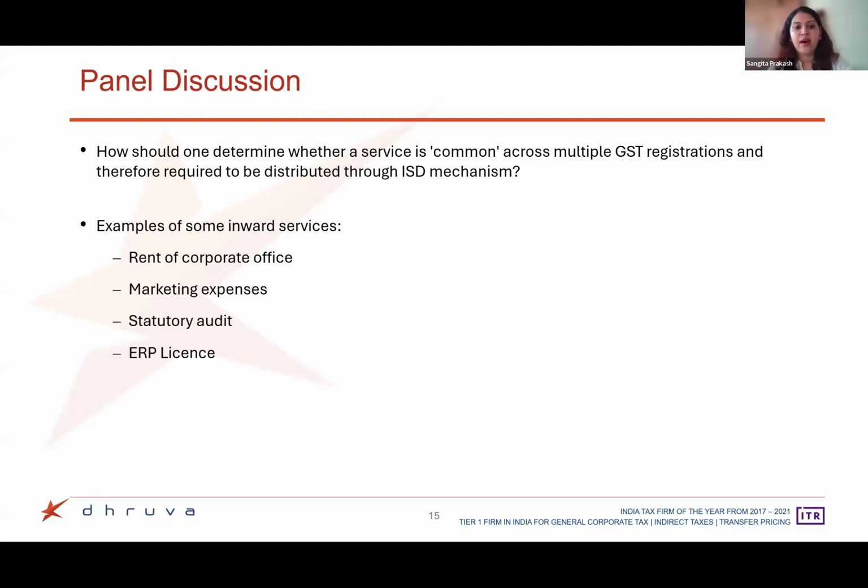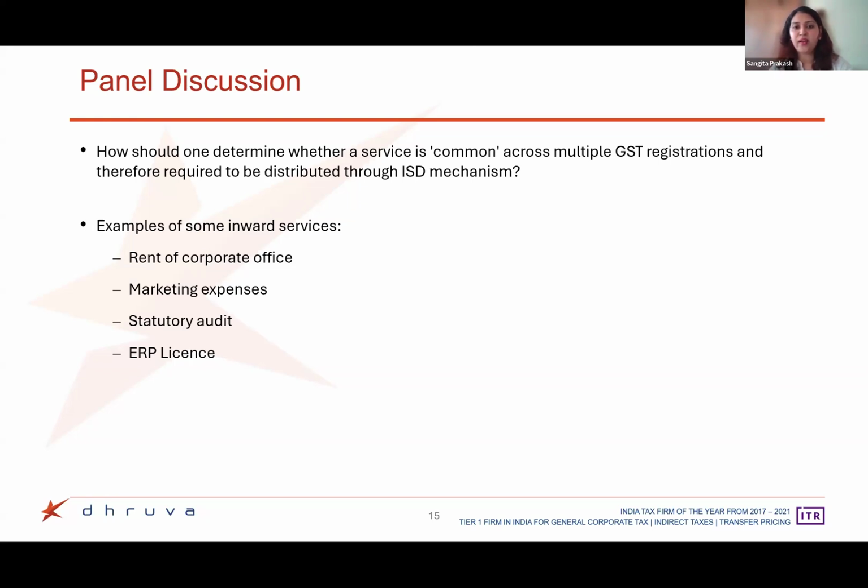Marketing expenses honestly can be a bit of both. You could have marketing expenses that are, yes, generic to the company and should be routed through ISD, but you could also have marketing expenses for specific revenue streams, products, service lines, whatever the case may be.